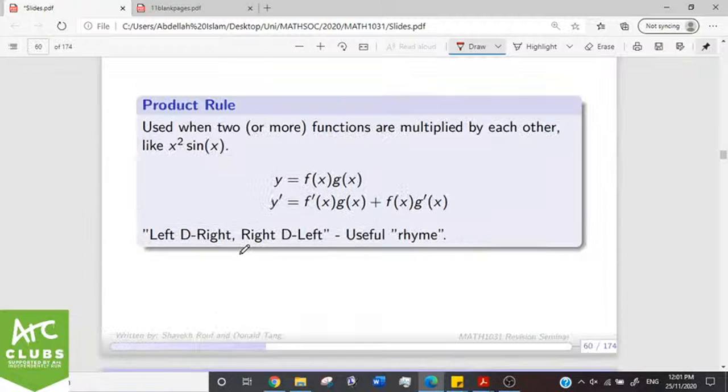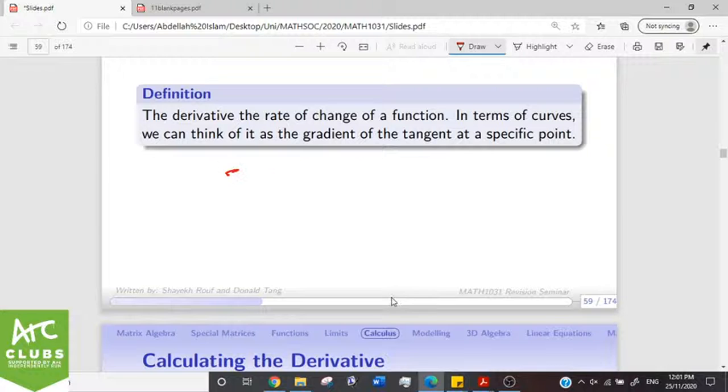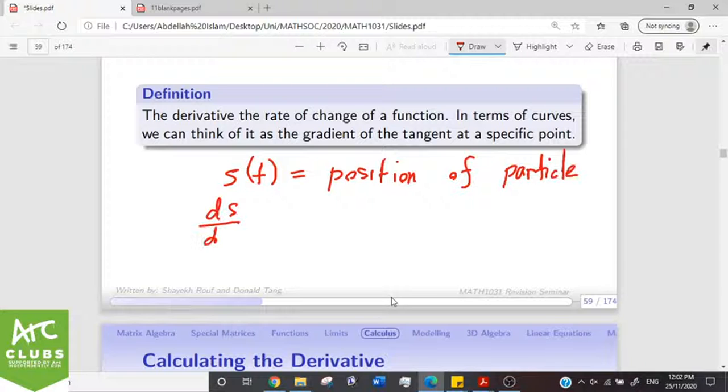So if you have some sort of function of time, and this is the position of, let's say, a particle, then the derivative, we call it ds dt, is actually the velocity, because it's the rate of change. So this is what the derivative is imitating.